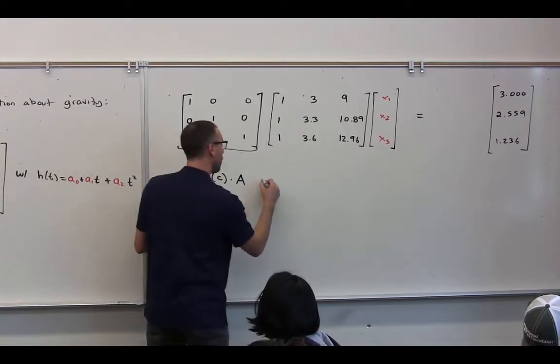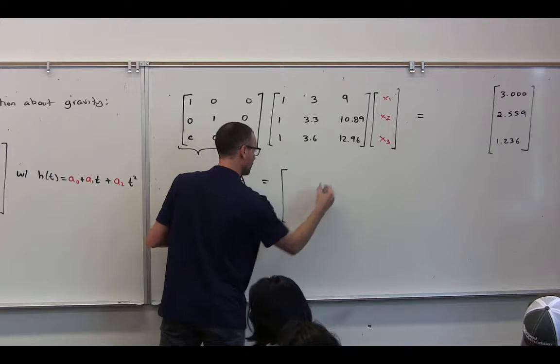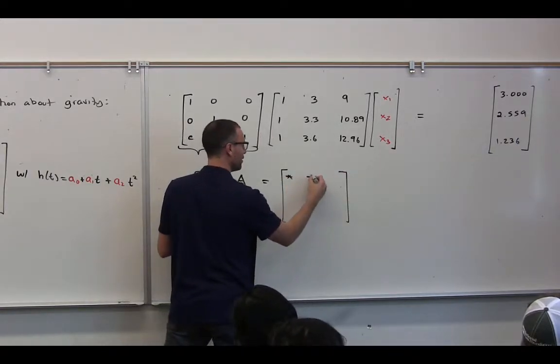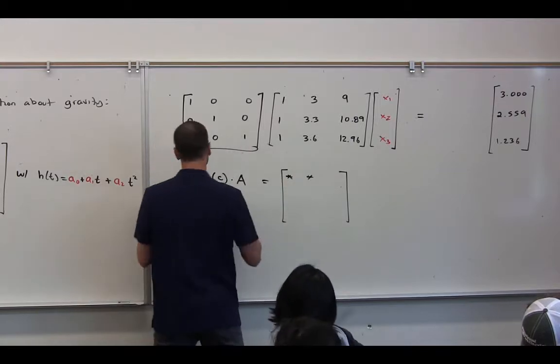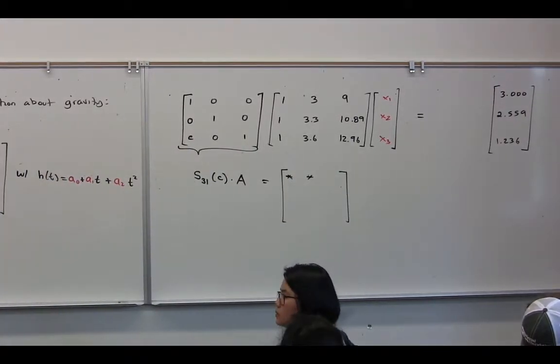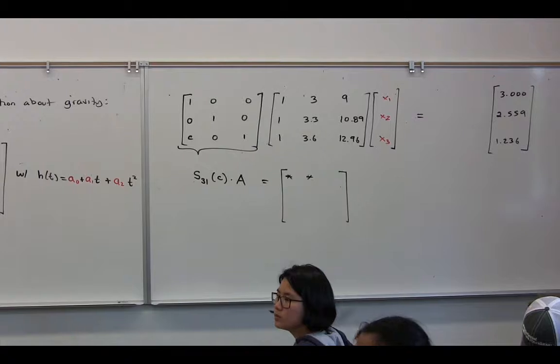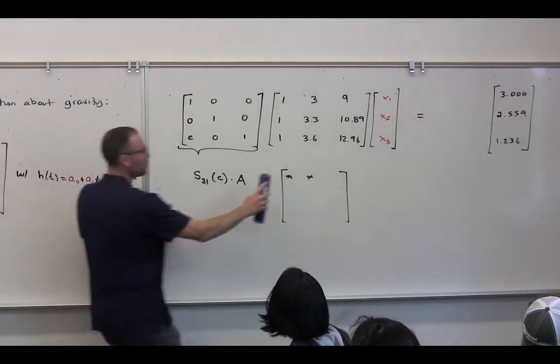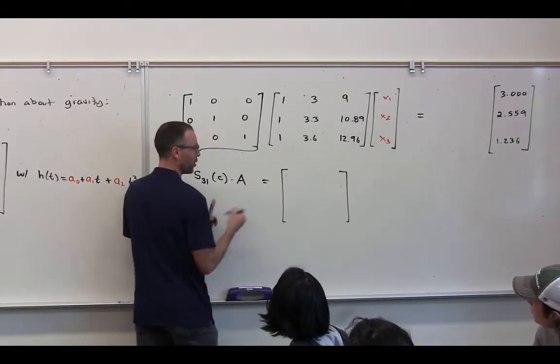And what's the thing that we want out? Well, do we really care? Let me get that eraser. What's the only thing we care about in terms of the sparsity structure?